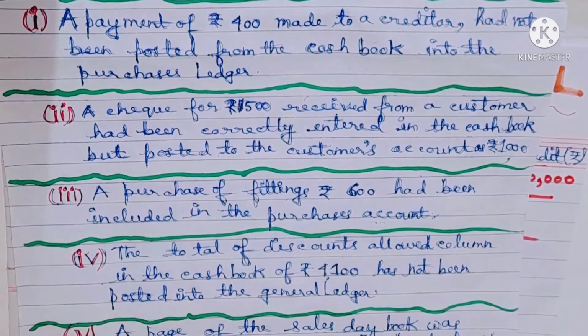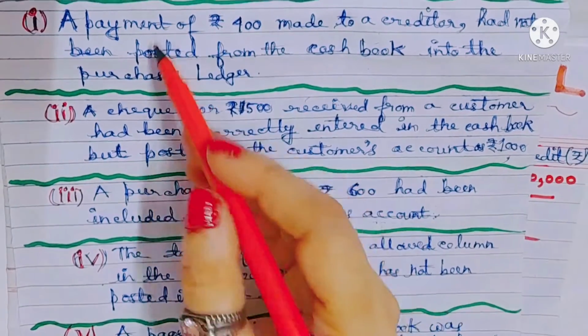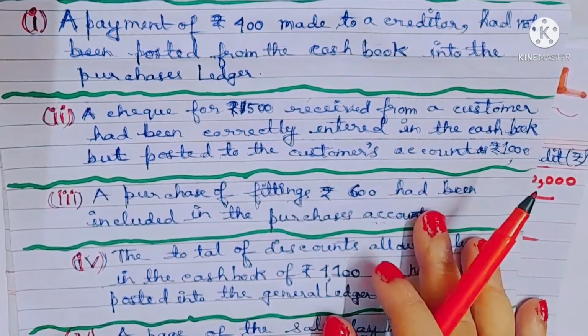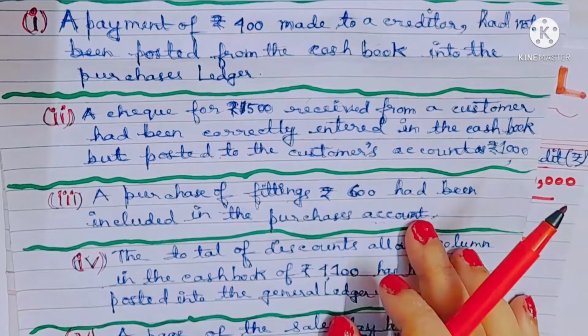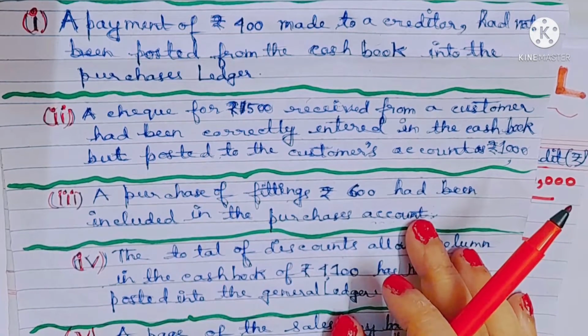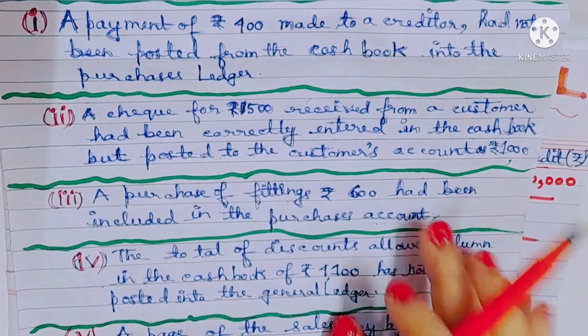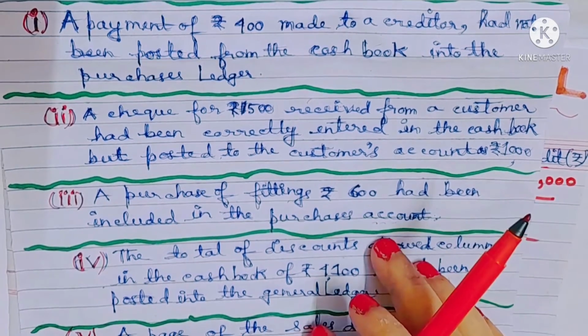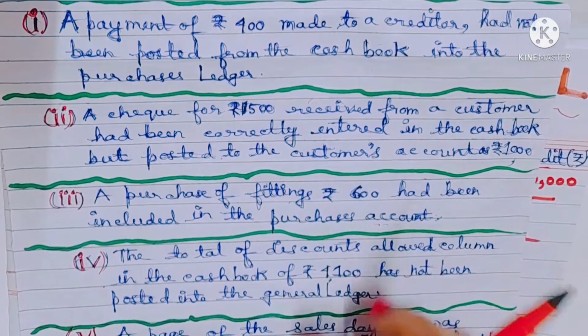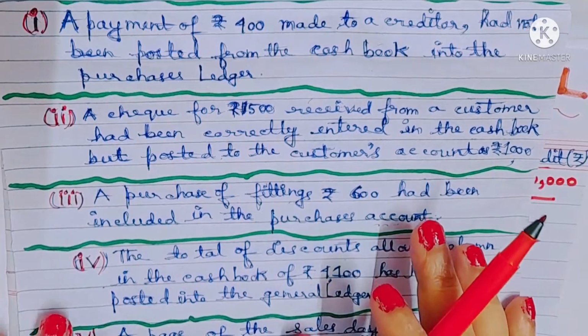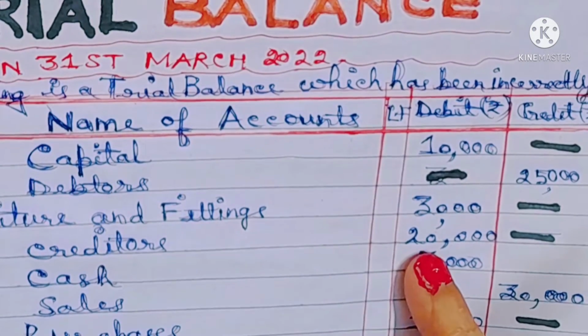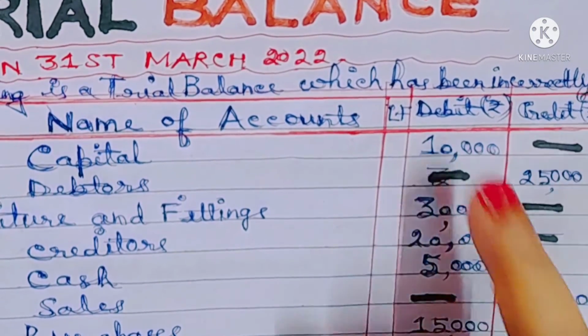Let's do it. তার মানে কি, 400 আমি ক্রেডিটারকে পেমেন্ট করেছি কিন্তু পোস্ট করা হয়নি, তার মানে 400 আমি ক্রেডিটারকে দিলাম, ক্রেডিটার ওটা তো লেস করবে, সেটা করেনি, তাহলে 400 লেস করতে হবে ক্রেডিটারের থেকে। লেটস ডু ইট। Creditors is 20,000 which has been wrongly written in the debit column.